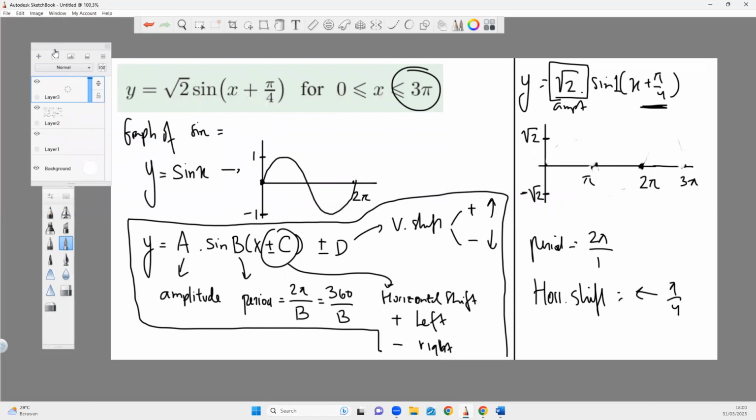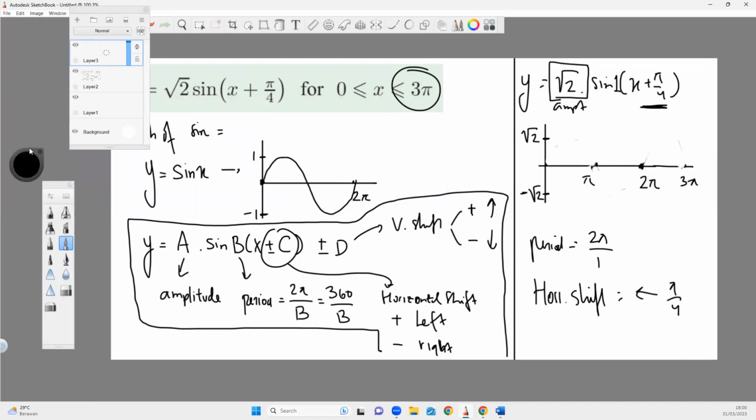So the basic shape is here, and then we go here and you go to the left by pi over 4. It means you need to perform the horizontal shift by pi over 4, just like this. I think this is better, more accurate.